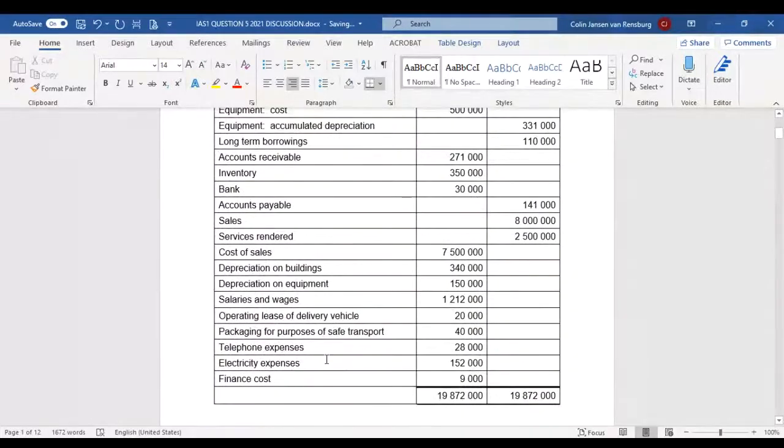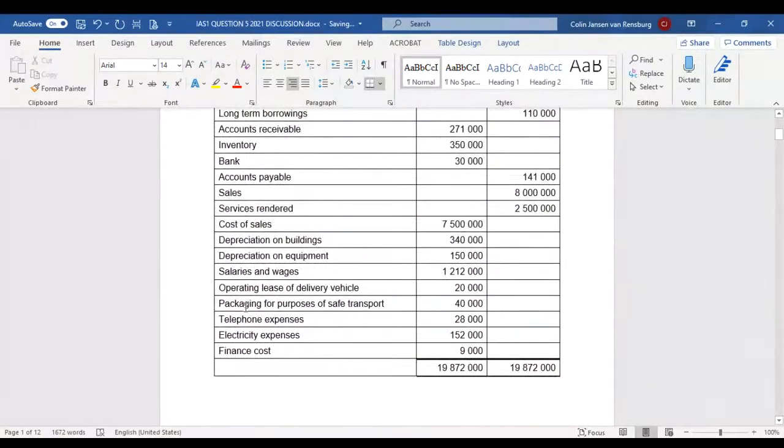So that was the operating lease. The next one, packaging for purposes of safe transport. So that is the one where they do give us some information, right? But even if they did not provide us with any information, the chances that that packaging has to do with our inventory, our merchandise that we are delivering to the customers, is virtually 100%, right?